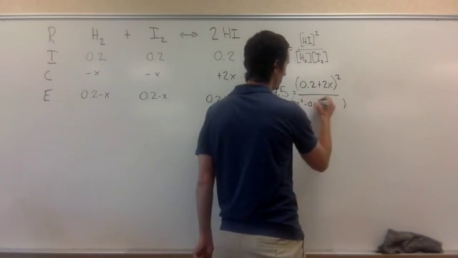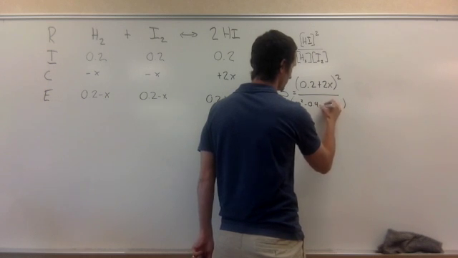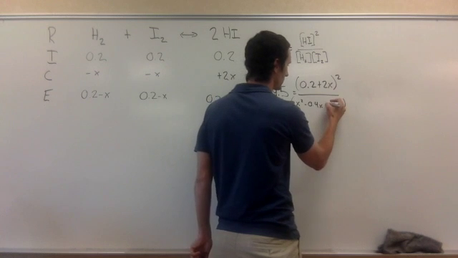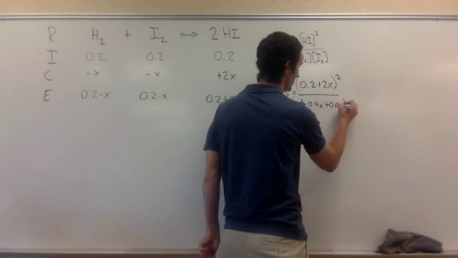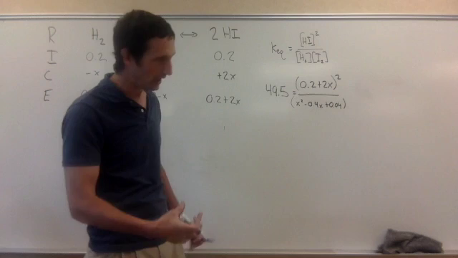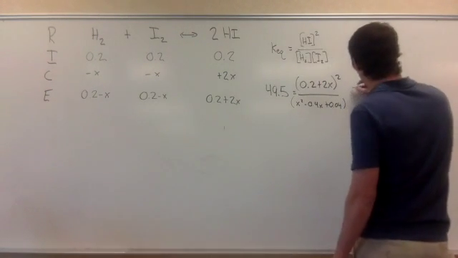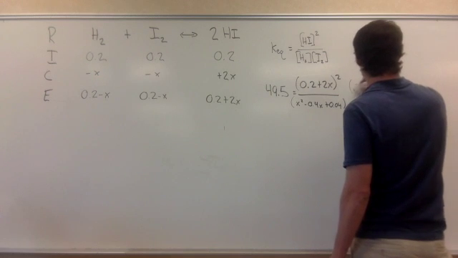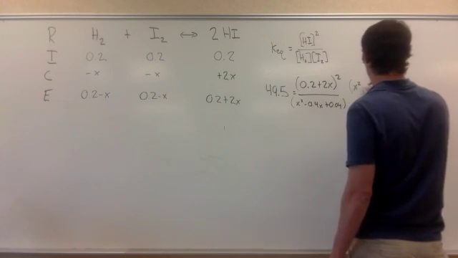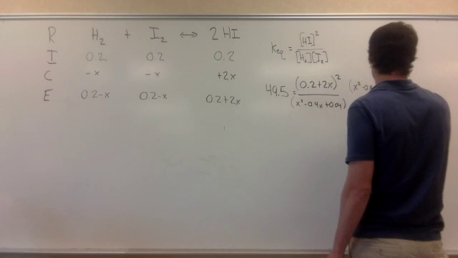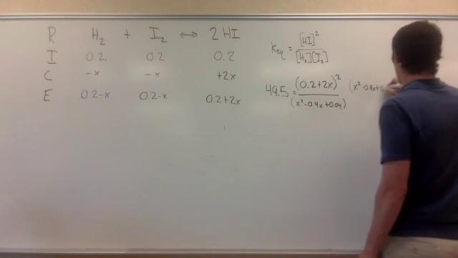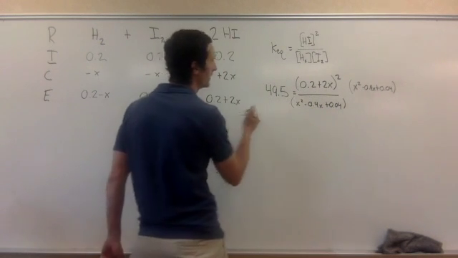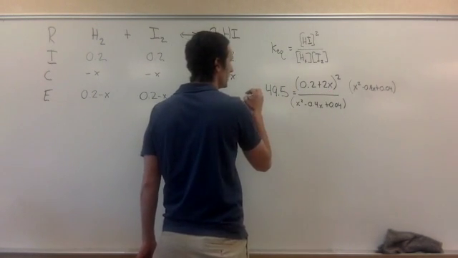So when I FOILed it, I got this x squared minus 0.4x plus 0.04. And then I've got to get x out of the denominator. So I'm going to multiply both sides by that term. And then multiply it over on this side too.